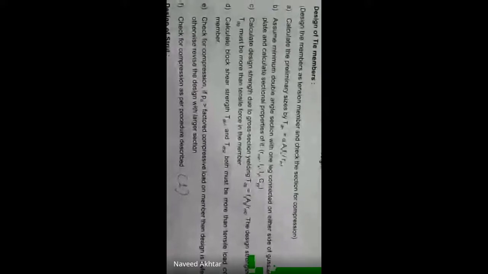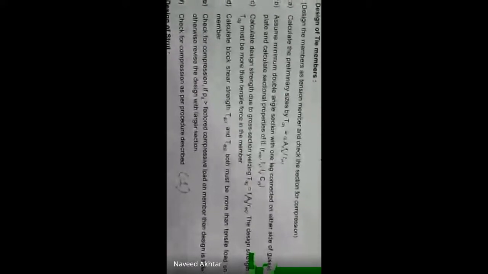Design the tie member for tension and check it for compression. In the rafter we design for compression and check for tension, but in the case of the bottom tie member, you design the member as a tension member, and then you check for compression.